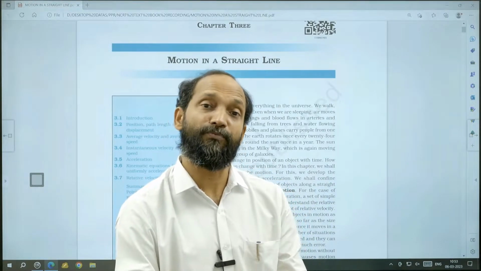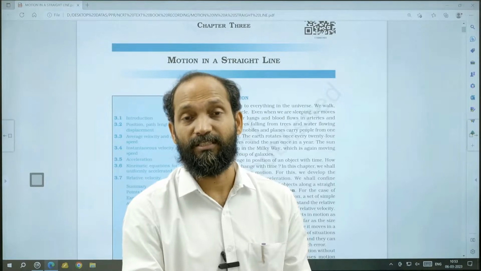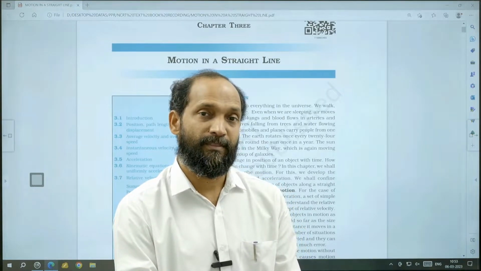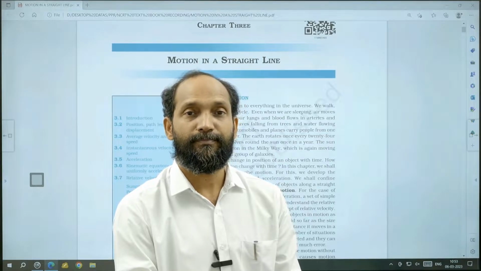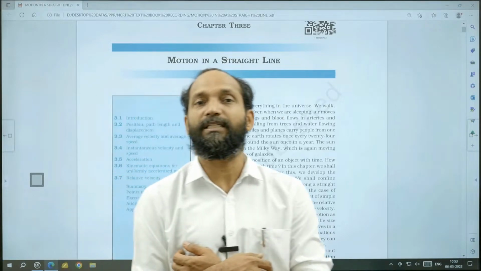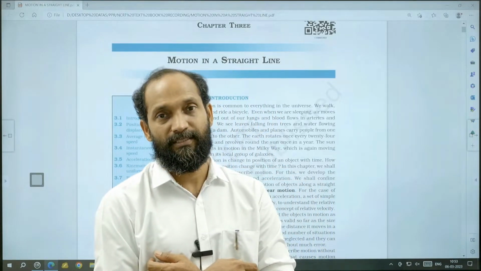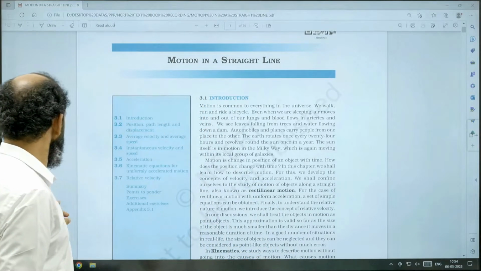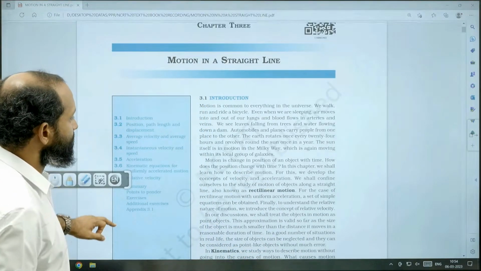The slope of a velocity time graph gives acceleration. The slope of a position time graph gives velocity. In this chapter, we have to focus mainly on the kinematic equations for constant acceleration. Let us move through our textbook.